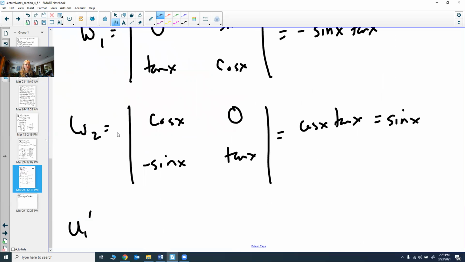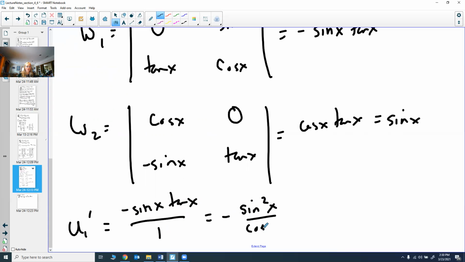So u1 prime is going to equal w1, which we just found to be minus sine x tangent x, divided by the Wronskian, which is 1. So just to make life a little bit easier, since tangent is sine over cosine, this is sine squared over cosine x.